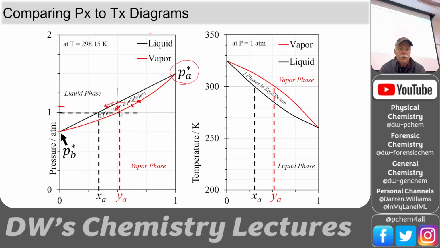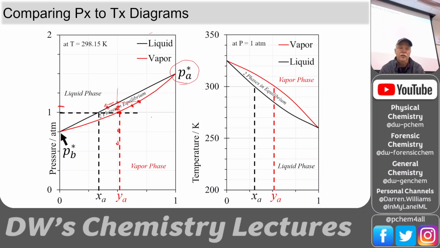Then we get to this point where we're sitting right on that vapor composition line. At this point, it's 100% vapor, 0% liquid. So that last little droplet, because we're dropping the pressure, is about to evaporate. And if we keep lowering the pressure, maybe we're doing this with a piston or something like that, then we're down here in the vapor phase where it's 100% vapor. We're just lowering the pressure.